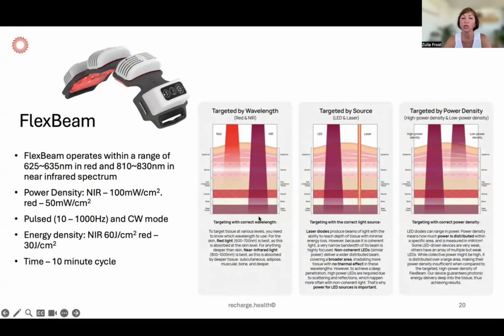For deep penetration, we use 810 to 830. And for superficial, program 1, we operate in red. Second, target by source. So we use LEDs because we irradiate the area, not the point. And we deliver deep in the tissue as lasers do.